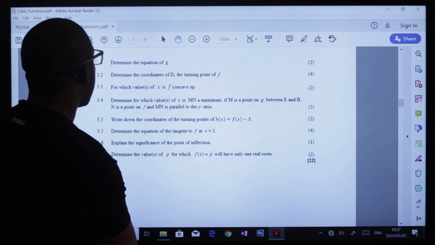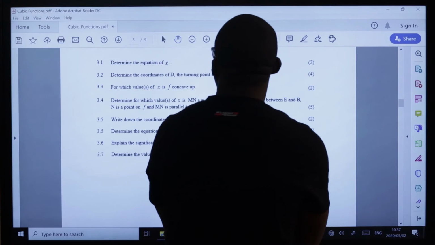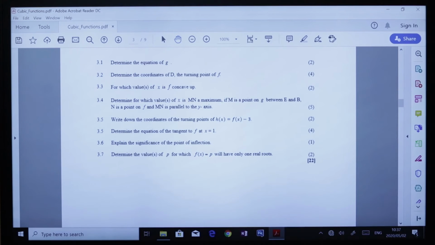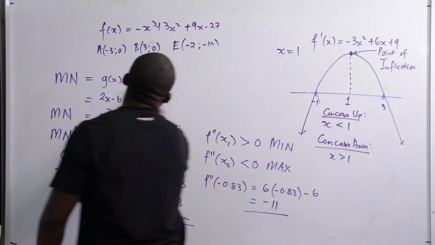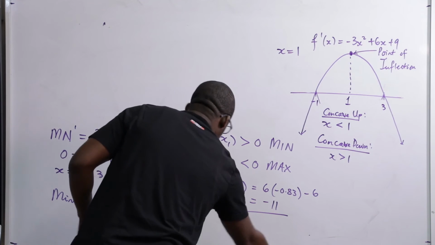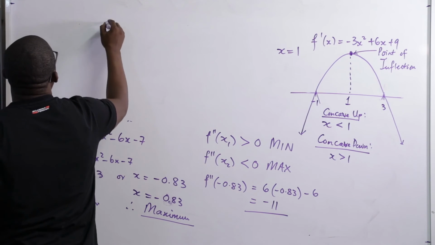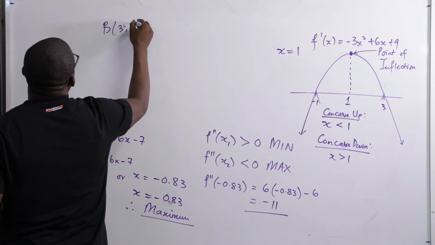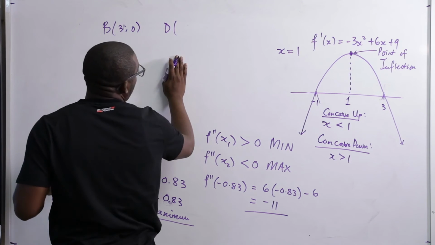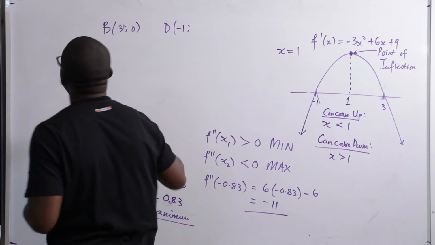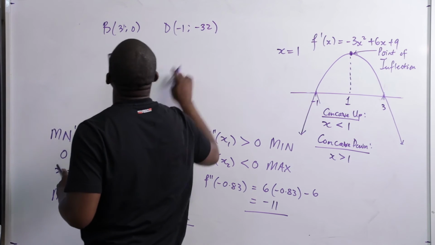Write down the coordinates of the turning point. We're shifting the graph down. Prior to this, B was a turning point with coordinates 3 and 0. And D was a turning point with x equal to minus 1 and minus 32.